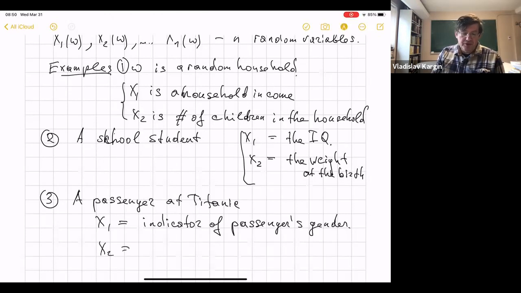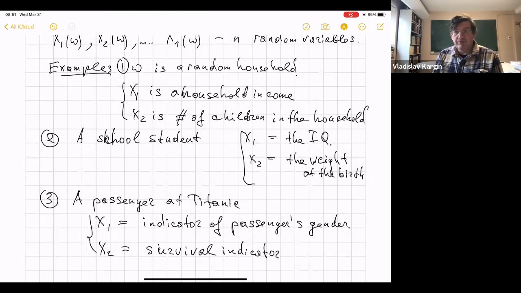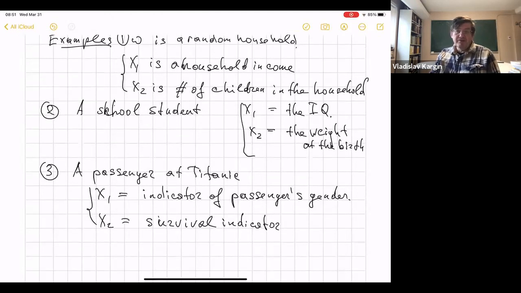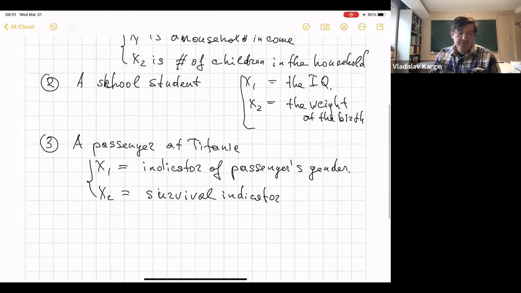And the next one is a survival indicator. You can also see whether these things are related, so it clearly gives more insight into the situation than just looking at one of these variables.